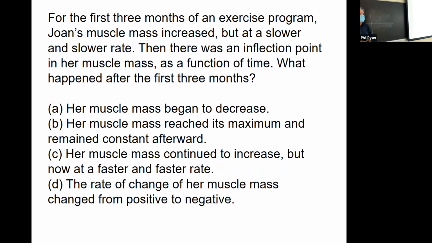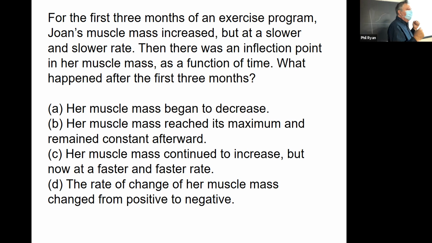Here is kind of a word problem. Joan has been working out. She's getting muscle. When she started out, she was getting those muscles, but it was increasing at a slower and slower rate.